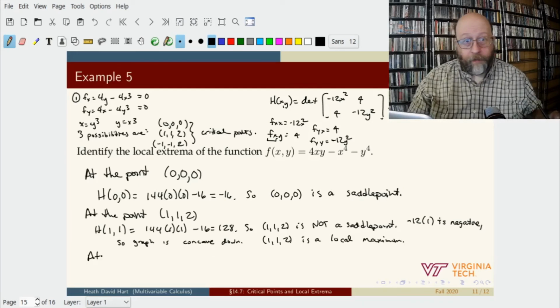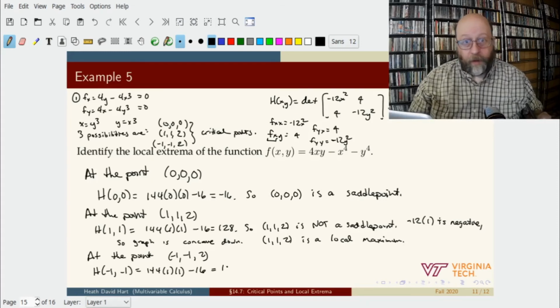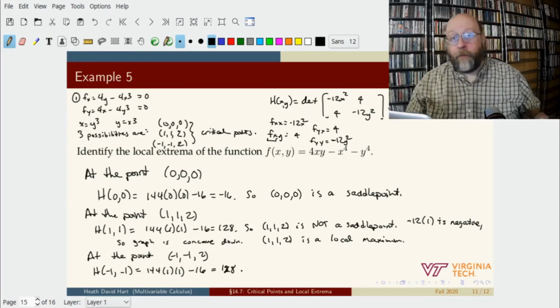So let's look at the last point. At the point negative 1, negative 1, positive 2. Here's where the square makes a difference. The Hessian is still positive 128.